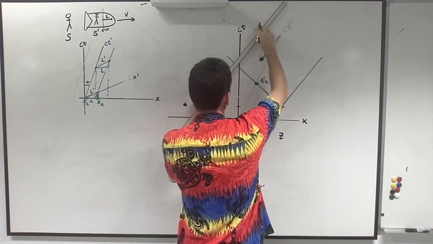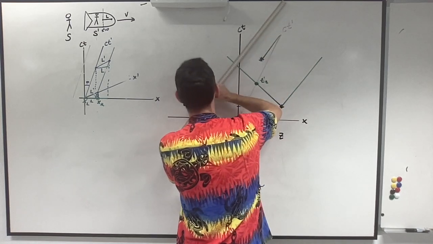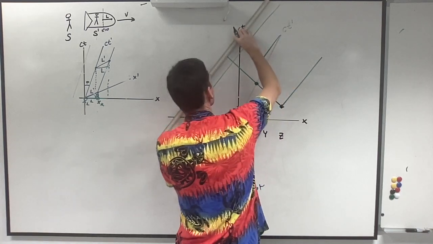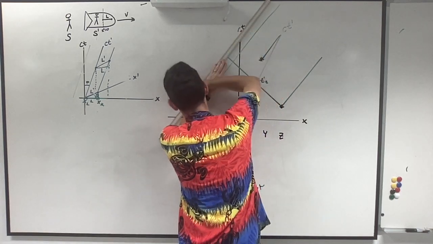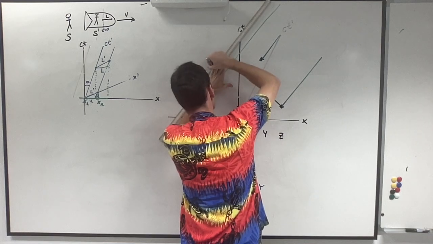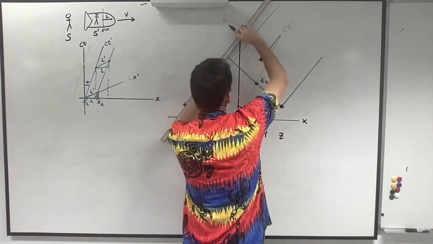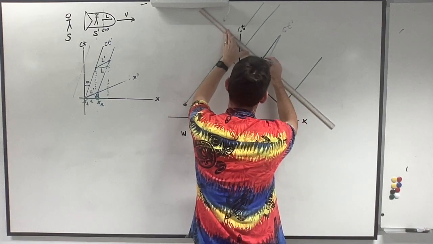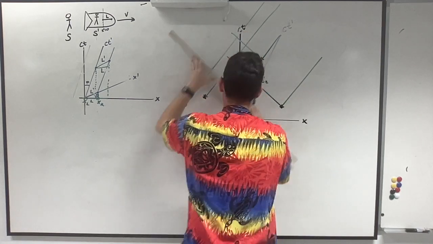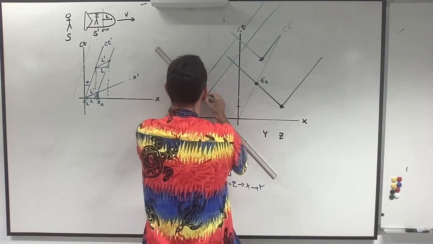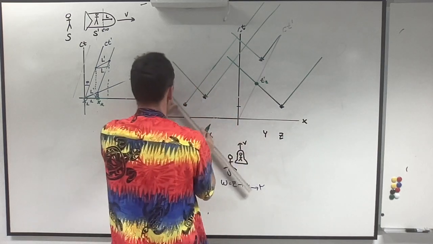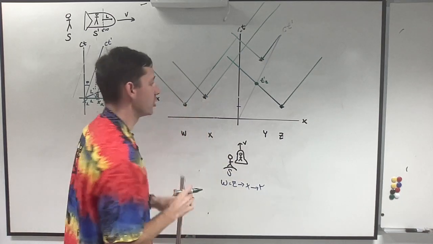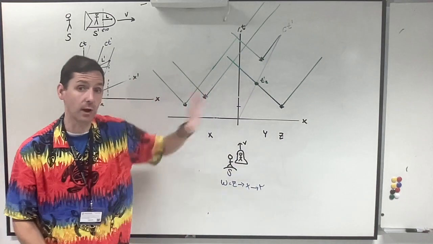This one, something like this. Oops. And then this one, parallel to that. Something like that. And then from the other direction, you should have 45 degrees, slope of 1 in the other direction. So like that, and like that.